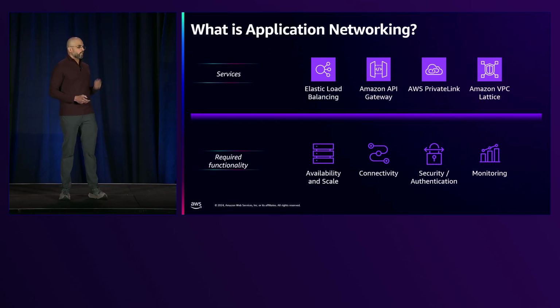And for us, each one of these services automatically scales based on the traffic that it receives and can be deployed across all of the AZs in a region. In addition to availability and scale, each one of these services can connect, secure, and monitor your applications. They provide these features in varying levels, and this will be something that we'll continually explore during the course of this talk.